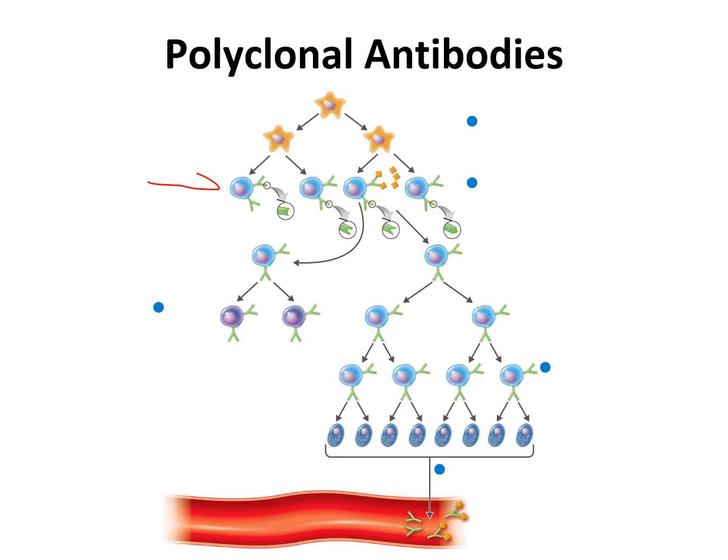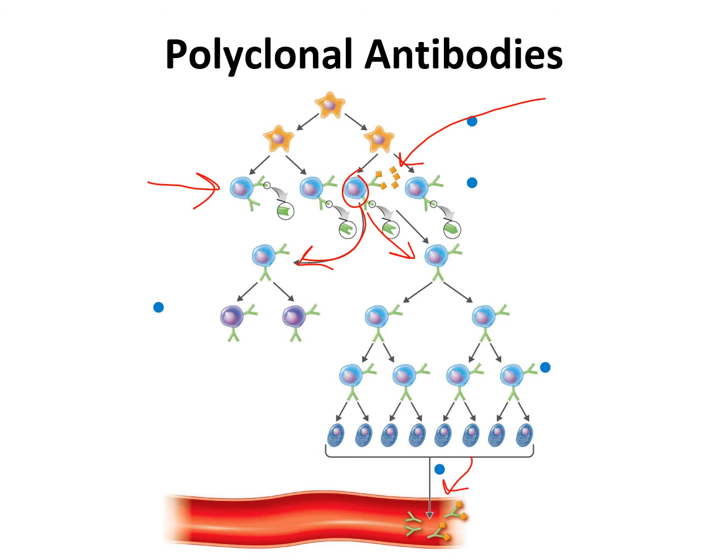You have mature B cells in the lymph nodes waiting to be stimulated by an antigen. So if you inject a particular antigen into an individual, and that individual has a B cell that will recognize that antigen, then that B cell goes through clonal expansion, generating memory cells and plasma cells. And those plasma cells are going to secrete antibody.